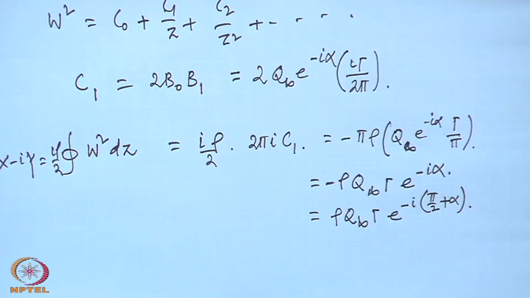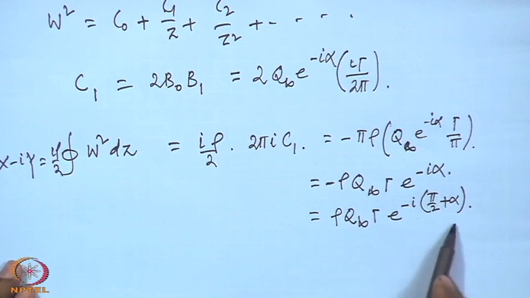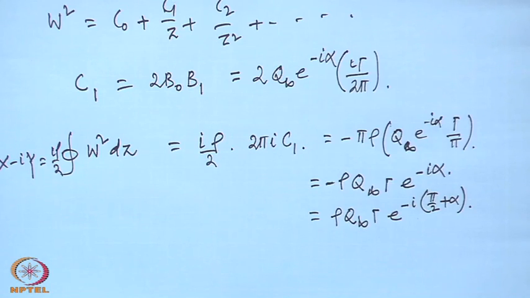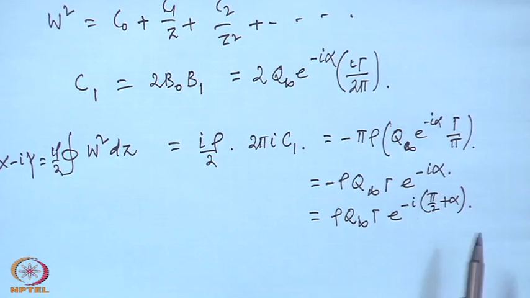Now, what is the direction of this force? Looking at this expression itself, rho q infinity gamma e to the power minus I pi by 2 plus alpha. If you remember, q infinity e to the power minus I alpha was the free stream, making an angle alpha to the x axis, and that turn is represented by e to the power minus I alpha. This force is now e to the power minus I into pi by 2 plus alpha. So, in which direction is the force?